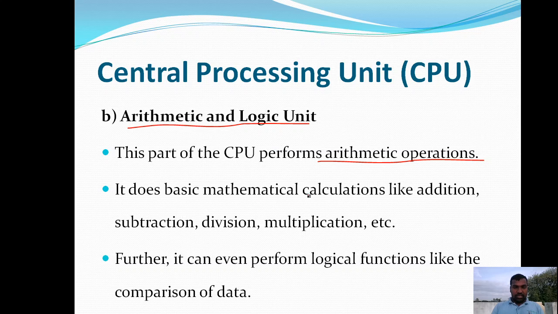Further, it can even perform some logical functions like comparison of data. So logical operations like comparison, whether of two values, which one is higher or which one is lower, whether two values are equal or not. Such comparison operations are also performed by this arithmetic and logical unit.